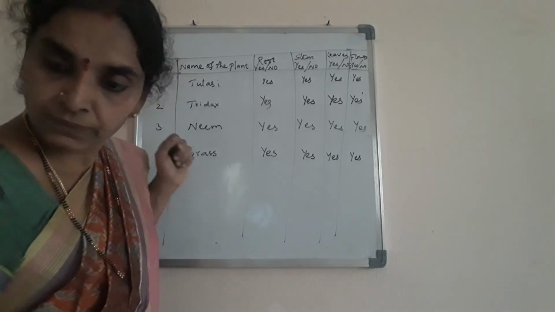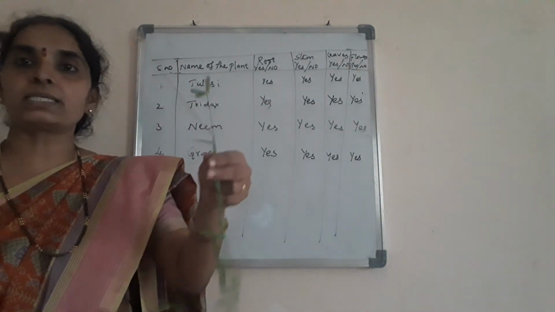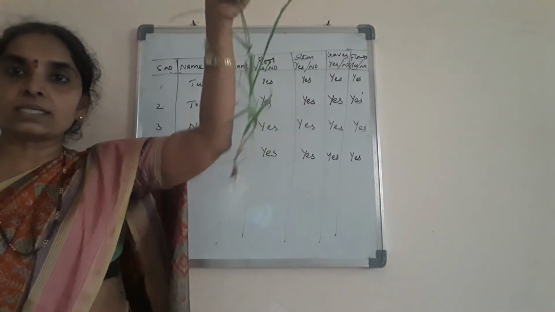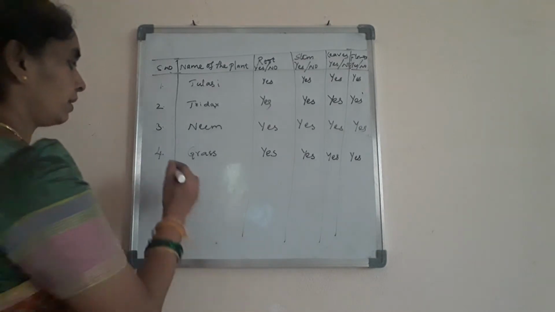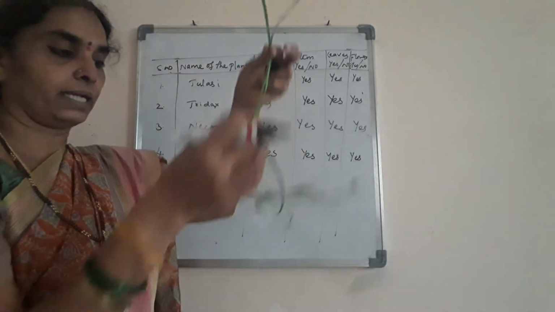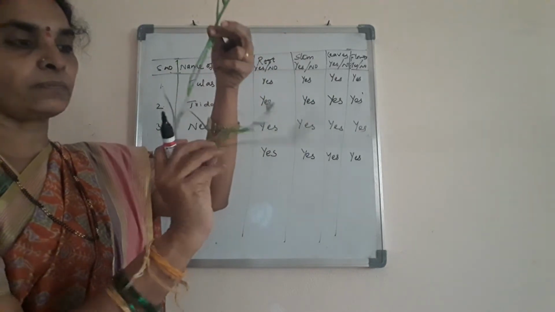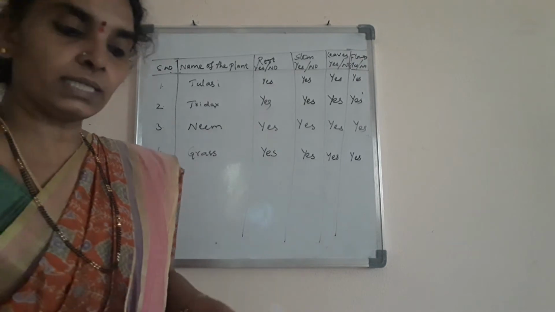Is it clear? See here, it flowers. Is it clear, children? This is the root and the flowers. Yes, it has. In the grass also you can find the roots, stem, leaves and the flower. Okay, children?